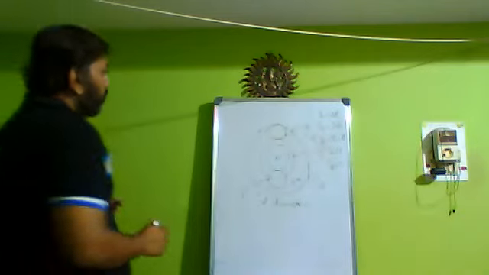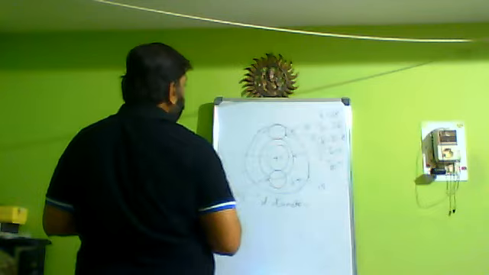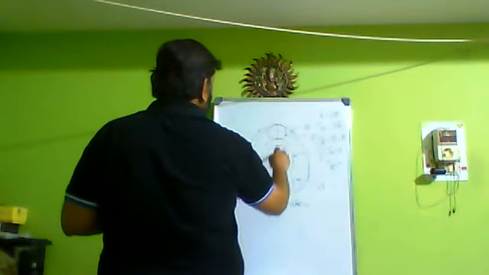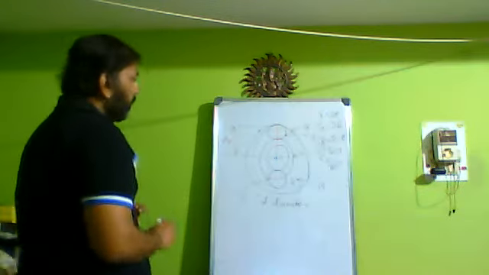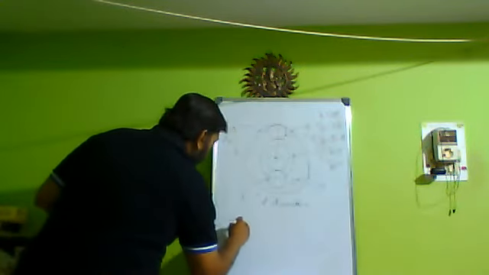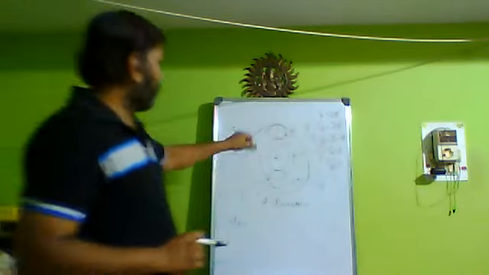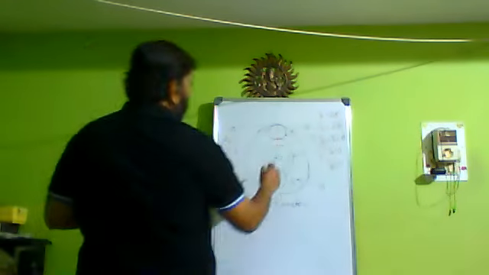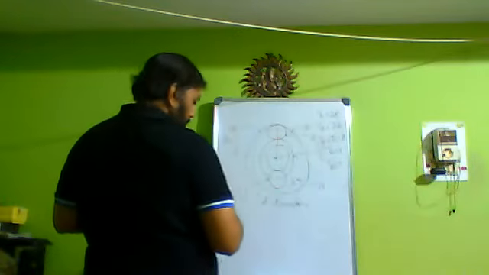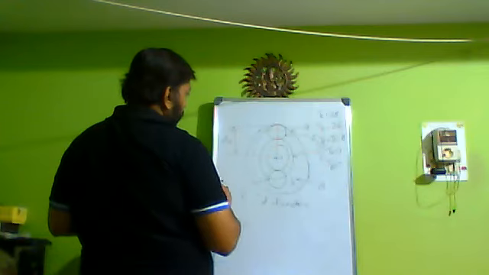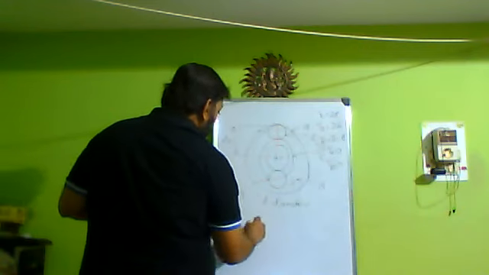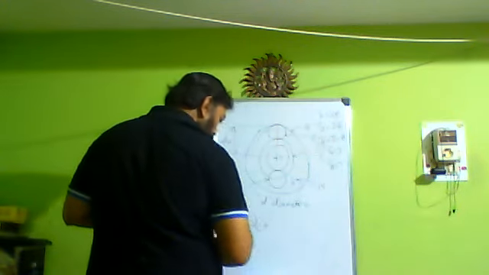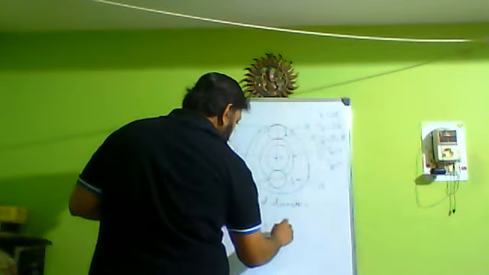Now the diameter of gear A, that is DA, will be equal to the diameter of C plus 2 times DE.